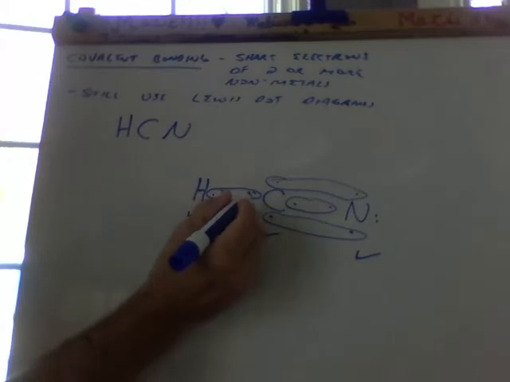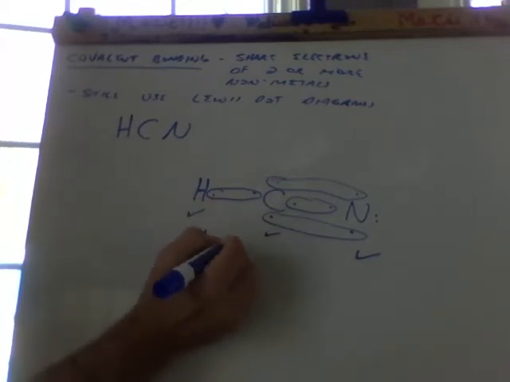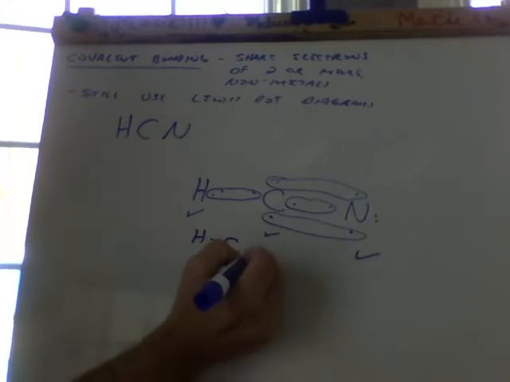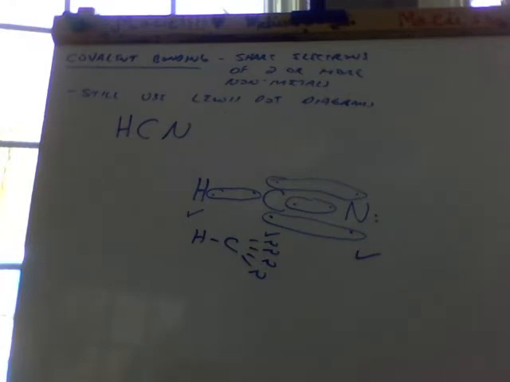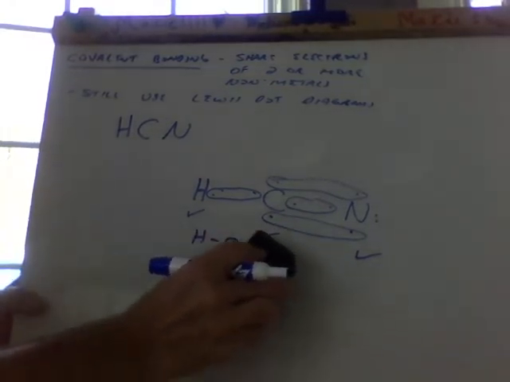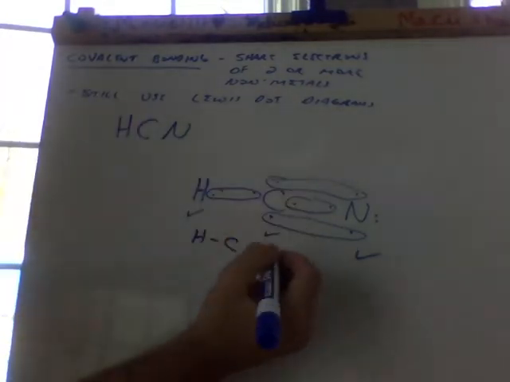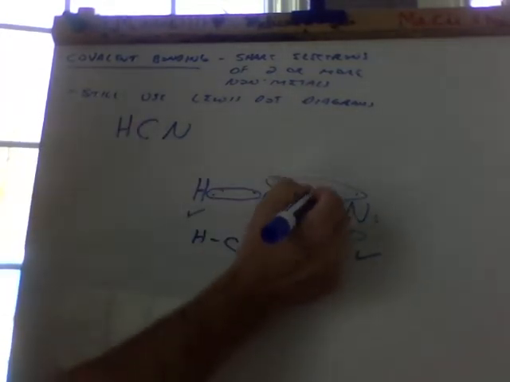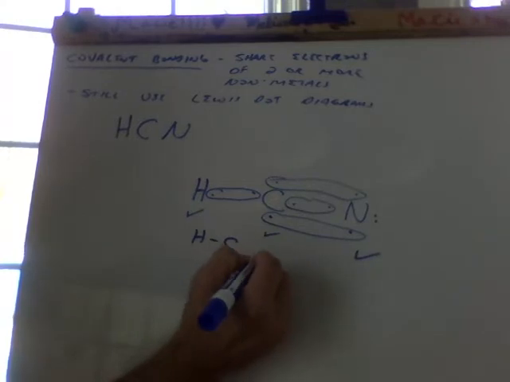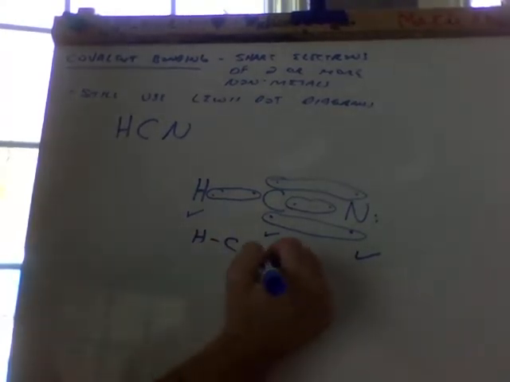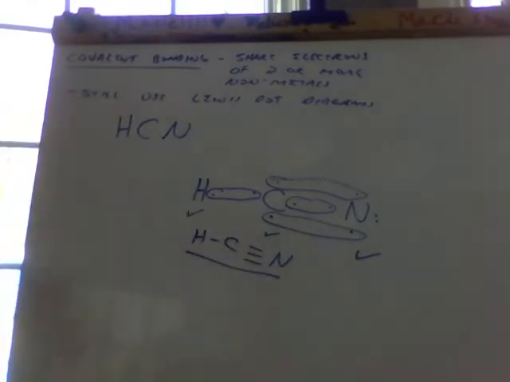So there's 1 bond here, that's H to the C. Now, we're not doing 4 single bonds to the N. What we have is 3 coordinate covalent bonds. You don't need to worry about that part, but we have 1, 2, 3. Every shared pair gets a line. We create what's called a triple bond between the C and the N. And so that's how HCN is all bound together.